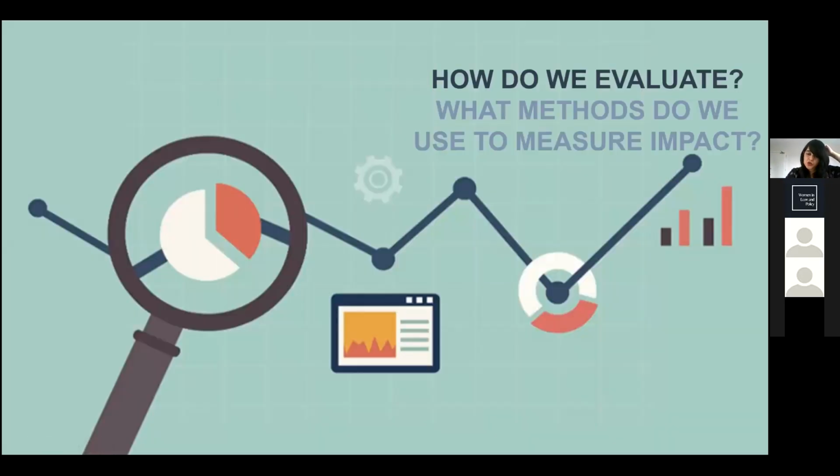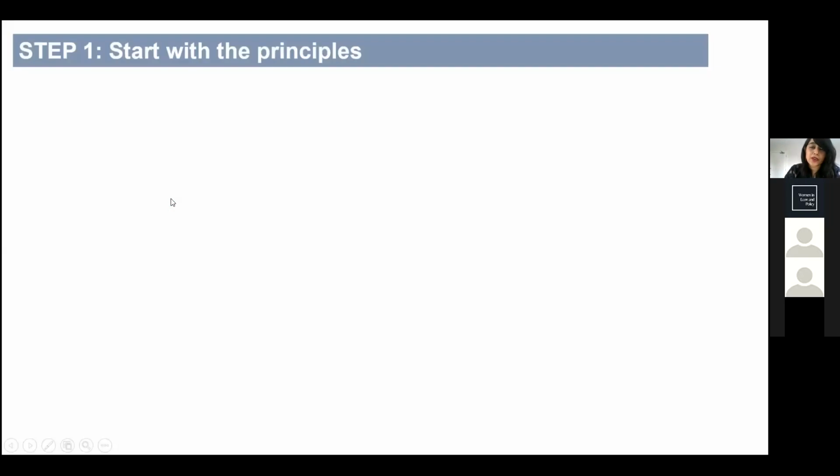All right. So in the last 45 minutes, we have covered what we evaluate. And then in the next 45 minutes, we will talk about how we evaluate. So what methods we use to measure impact is the next focus of our discussion. And we will again be using the Myanmar case study to understand every aspect of what we will be discussing. We will be discussing how we evaluate in a broad 5-step framework.